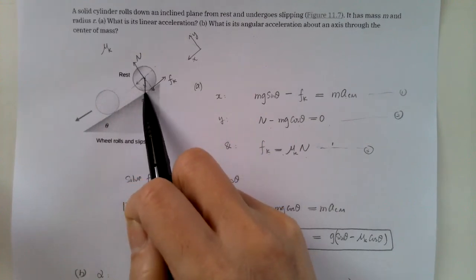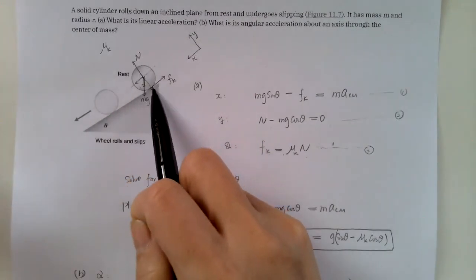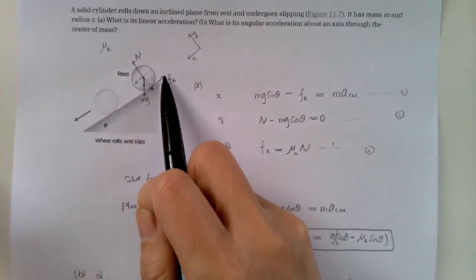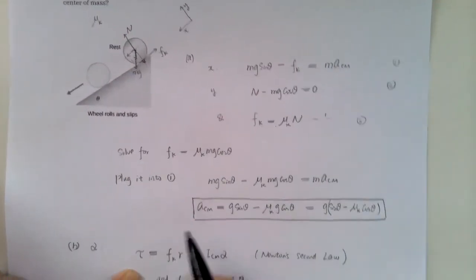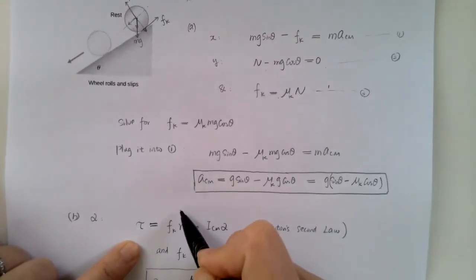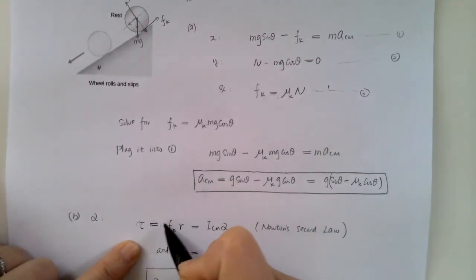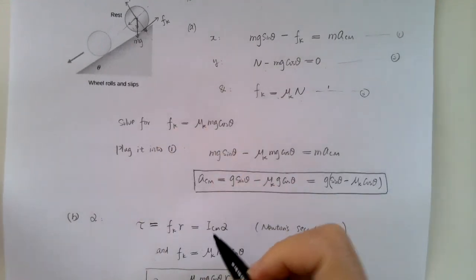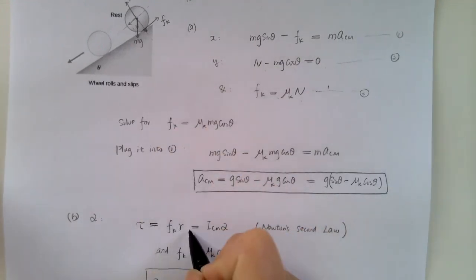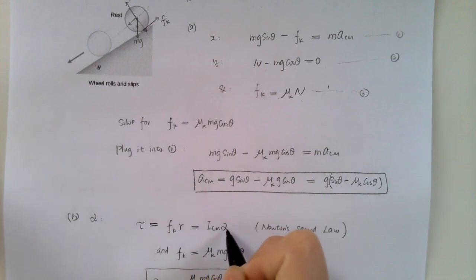See, mg has no torque. Only Fk has torque. So the torque equals what? Fk times r. Counterclockwise we let it be positive, so we do not need to write down the positive sign here. We know it's going to rotate counterclockwise. Tau equals I times alpha.